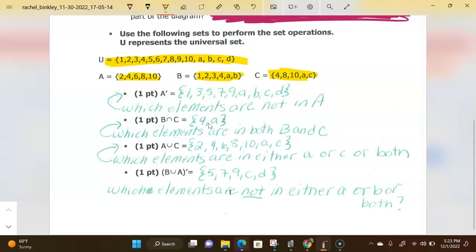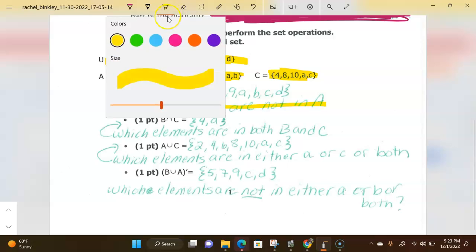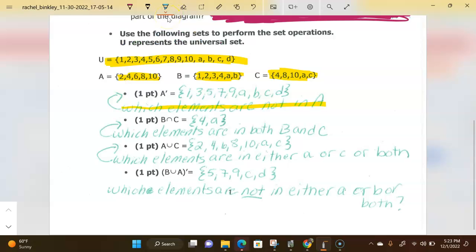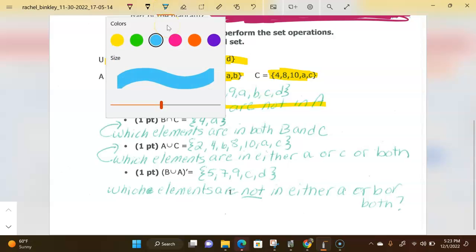So the first one we read, as I wrote it underneath, is: which elements are not in A? So which elements of the universal set are not in A? So all I did is I went through the universal set and I said, okay, 1. Is 1 in A? And it's not.